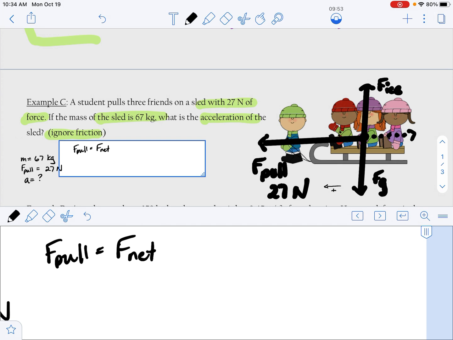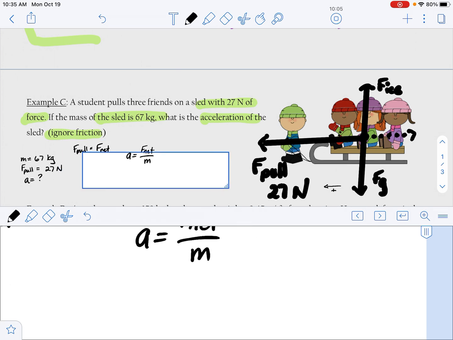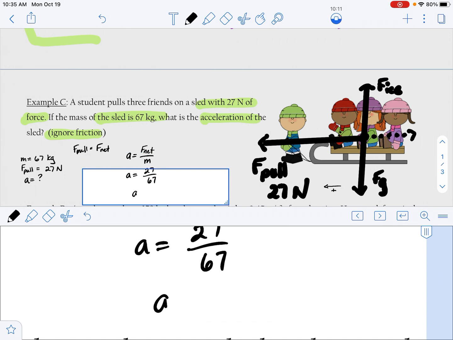Okay, so I can say that my pulling force is equal to my net force. So when I write my equation, I'm going to have a equals F net over m. And so I'm going to have 27 over 67. And that is going to give me an acceleration of 0.40 meters per second squared.